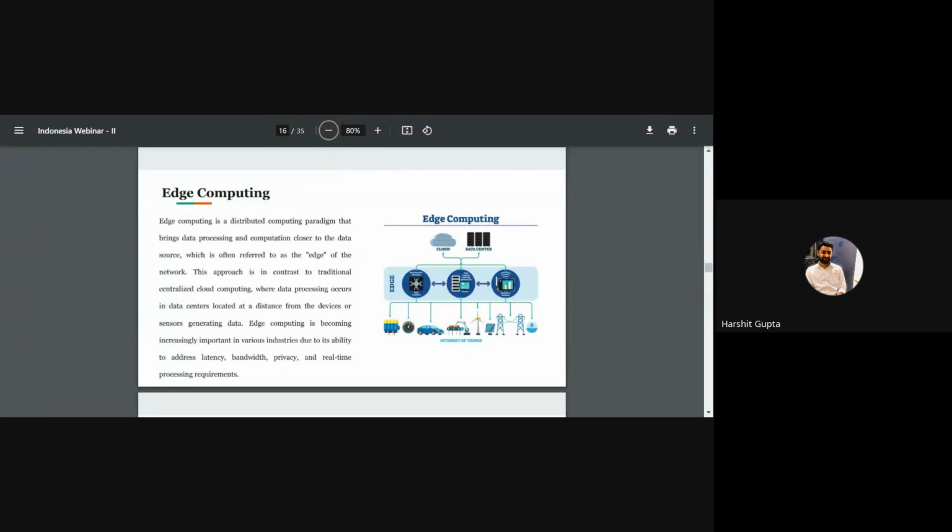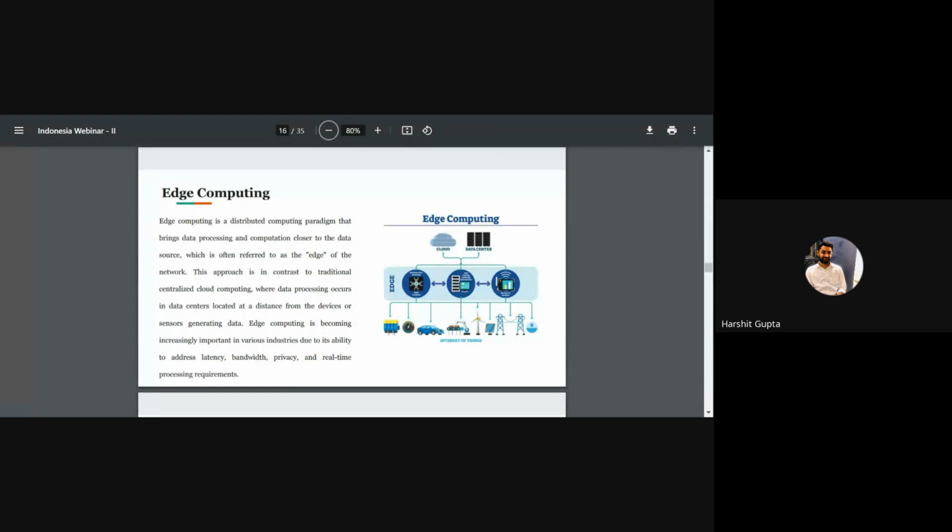The load is distributed. So edge computing is a distributed computing paradigm that brings data processing and computation closer to the data source, which is often referred to as the edge of the network. This approach contrasts with traditional centralized cloud computing, where data processing occurs in data centers located at a distance from the devices or sensors generating the data.